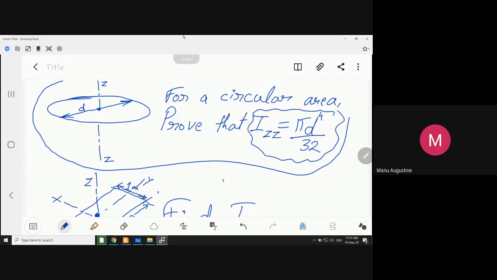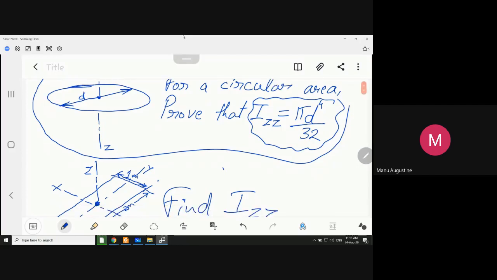The area moment of inertia of a circle about an axis passing through the center of the area and lying on the area itself is pi d raised to power 4 by 64. But the polar moment of inertia of the same circular area about an axis passing through the center will be double of it, that is pi d raised to power 4 by 32.